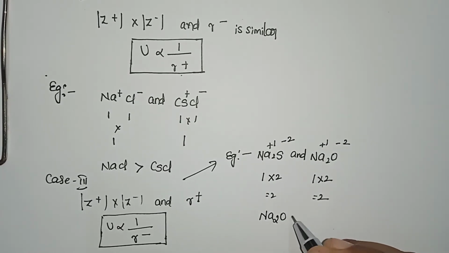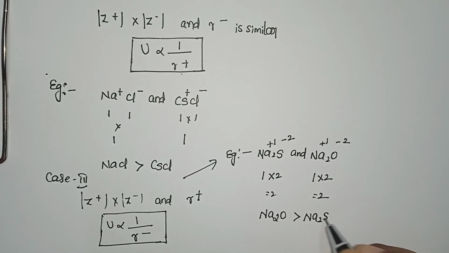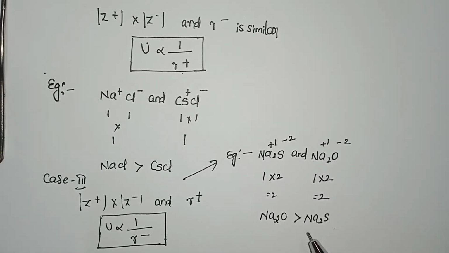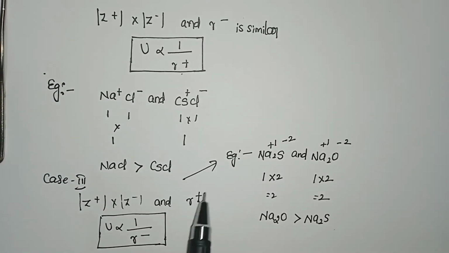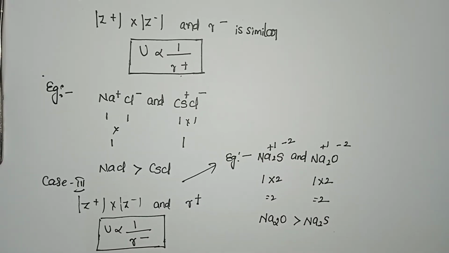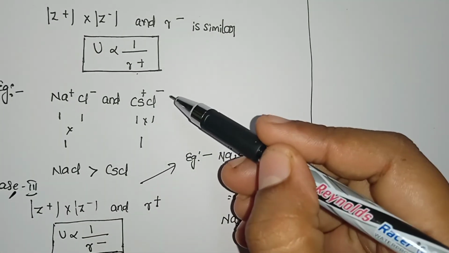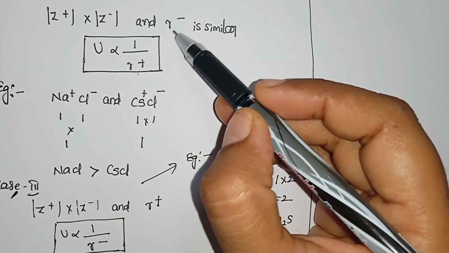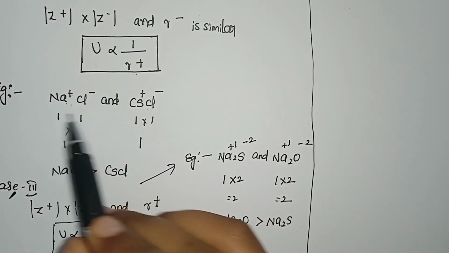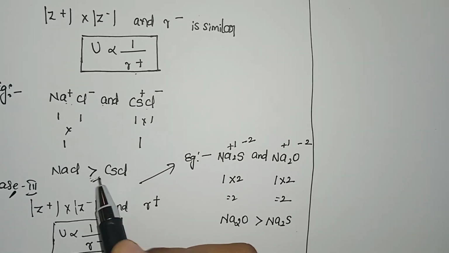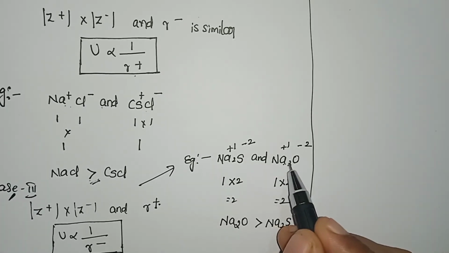Na2O is greater than Na2S. Okay, did you understand the second and third case? What is the difference between the two cases? In case 2, the first compound will be greater. In case 3, the second compound will be greater.